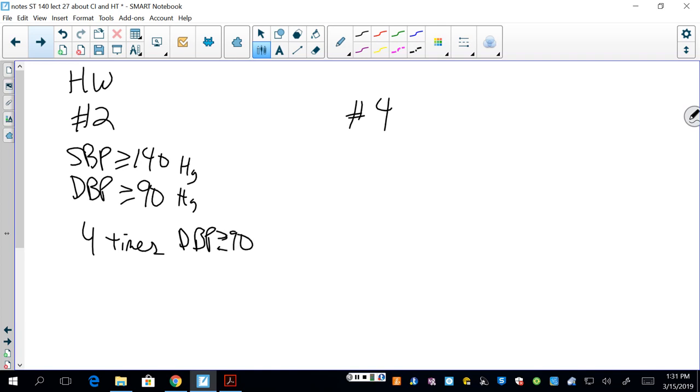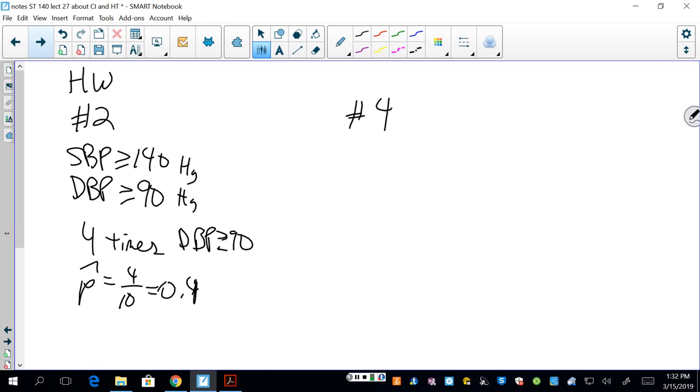So I guess p hat is going to be the 4 out of 10, or 0.4, 40%, right? And then it'd be classified as hypertensive if the probability on an individual day is greater than 20%.